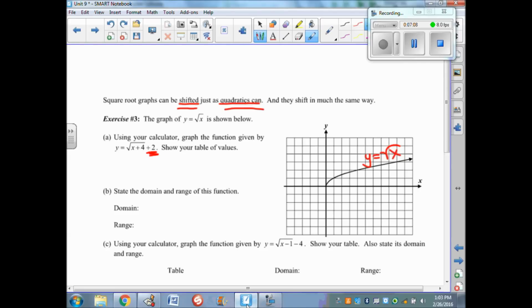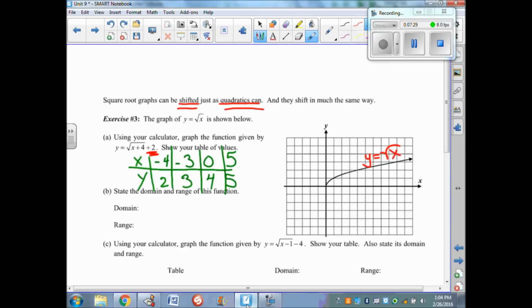So keep that in mind, and now let's go back to our graph here. And it says, show a table of values. Okay, so I'm going to give you that table of values. Let's go with these values. You guys know how to get to your table on your calculator. You hit Control-T to be able to come up with a table of values.